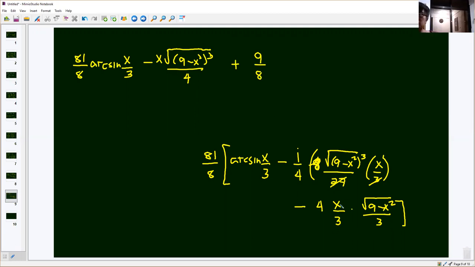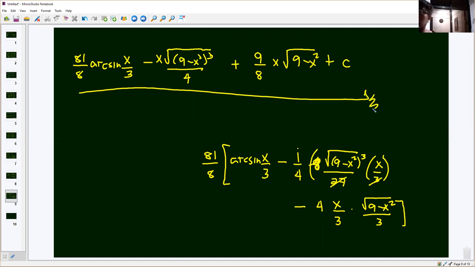Then x square root of 9 minus x squared, and then plus C. Diyan, check. Please check kung parehas tayo and chat to everyone. Compare our answers.